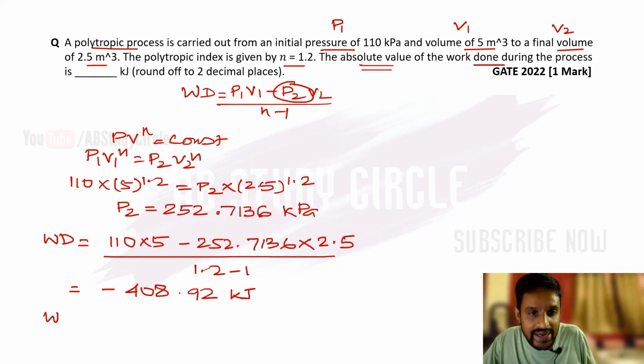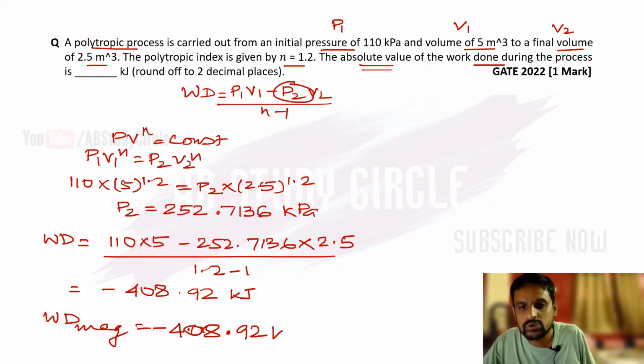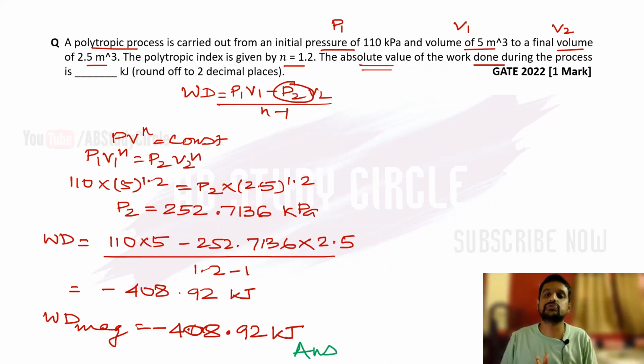So the right answer will be only 408.92 kilojoule, not minus 408.92 kilojoule, right? This will be your answer.